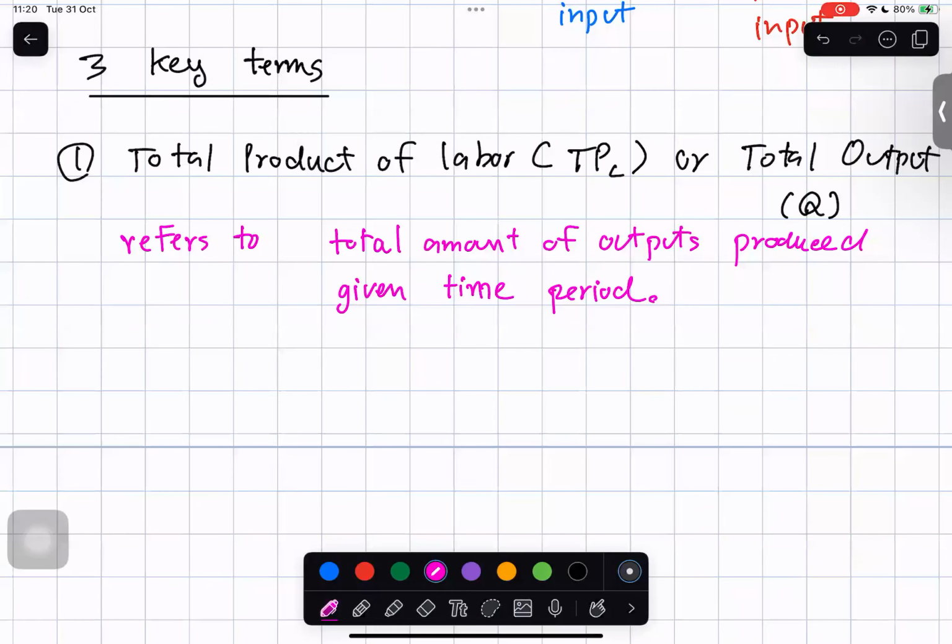This term is quite straightforward. If you produce cookies, it refers to the amount of cookies that we receive, let's say per day, when we use men and machines.